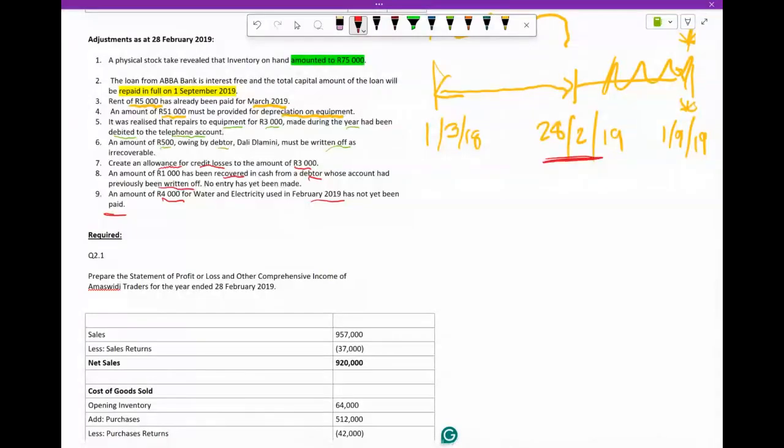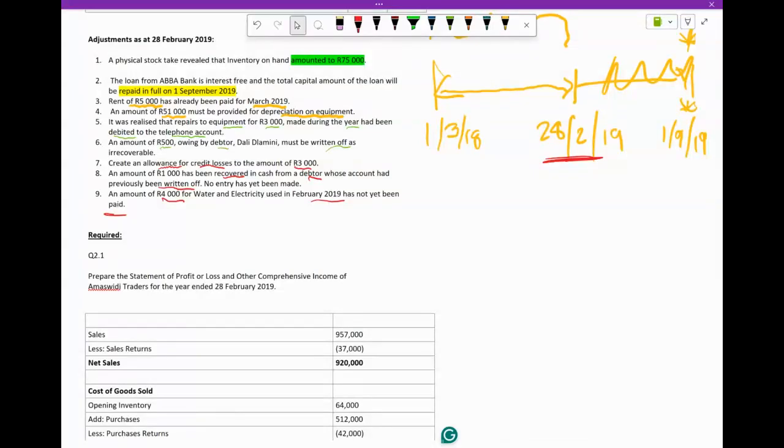Firstly, water and electricity is going to be affected. We need to obviously include this 4,000. So speaking to your point of the expense account that's affected, what's the other account that's affected though? Accrued expense. We are owing, right?